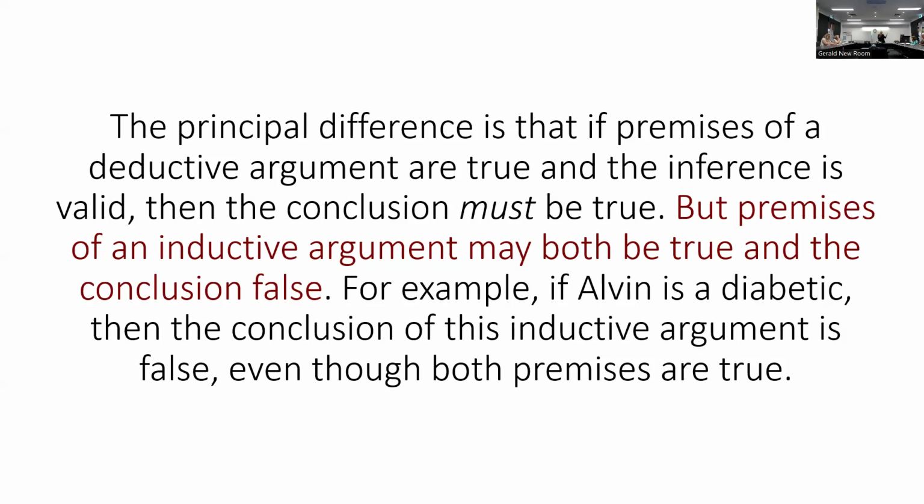It's most, it's not all. If he is a diabetic, then the conclusion of this inductive argument is false, even though the premises are true. He is an exception in this case.